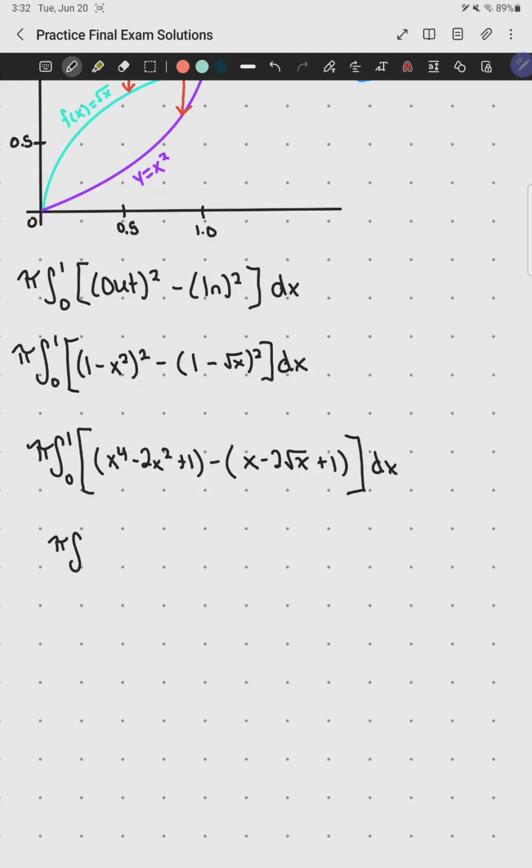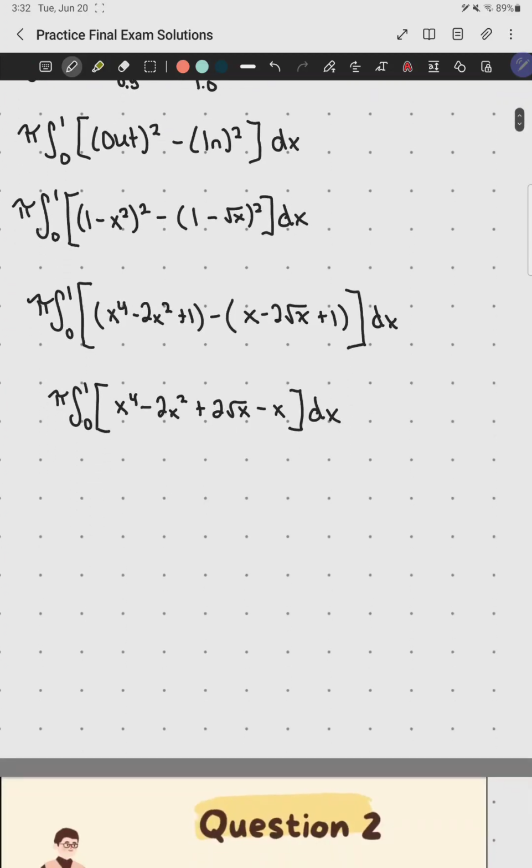Clean up a little bit from here. From here, we can then go ahead and take our integral.